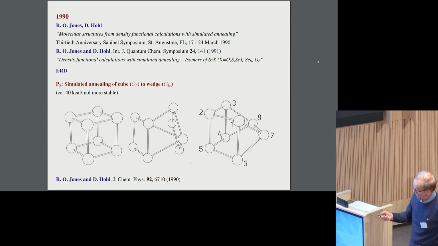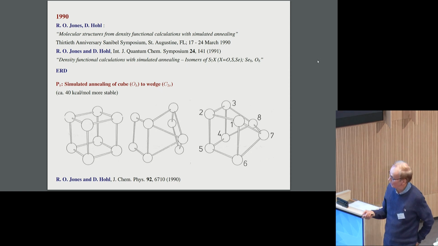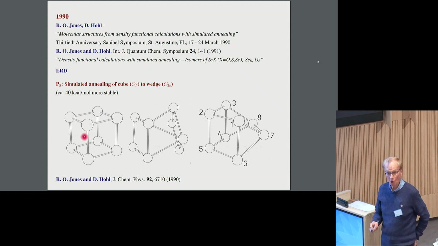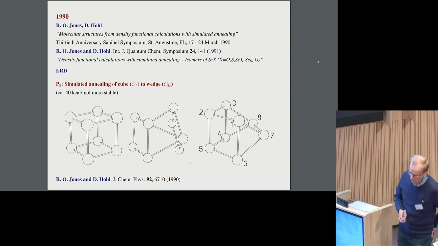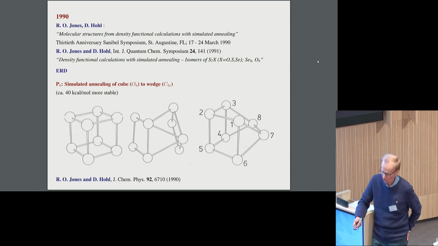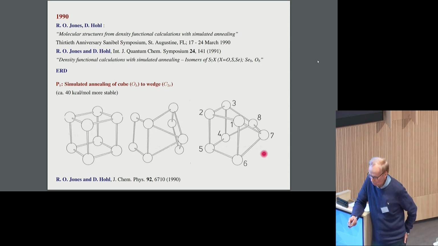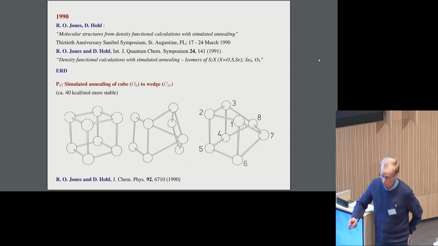And much to my surprise, for 40 years, the only structure of phosphorus-8, this is really a simple system, right? It's going to be a cube. It was the only structure that had been considered by anybody. One night on our Cray computer at the time, it came out looking quite different. This structure is 40 kilocalories more stable than the only structure that had been looked at in the chemical literature to that point.